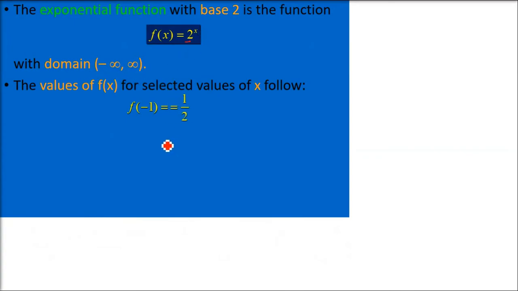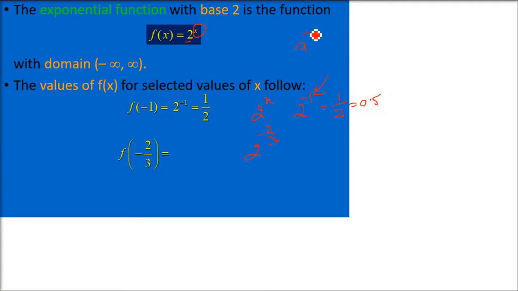Now let us take some negative numbers. We have taken the positive numbers. 0 also we have taken. Let us check for the negative number also. 2 raised to x. Now let us put x as negative 1. So this is 1 by 2, 0.5, half. Now take negative 2 by 3.